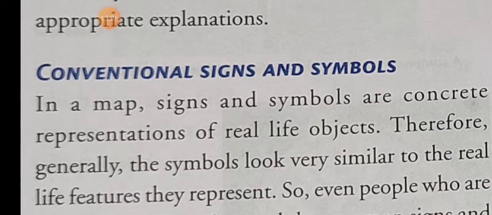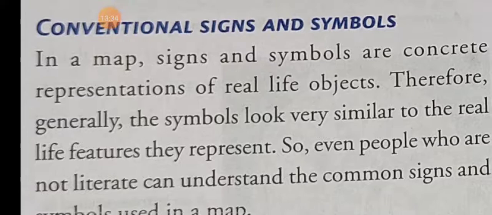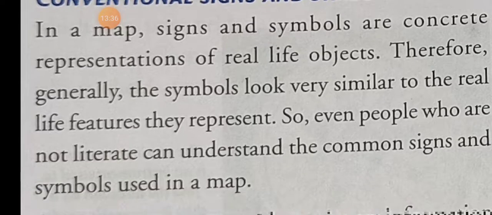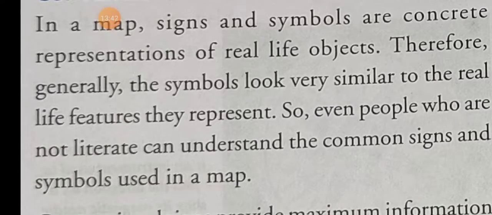Conventional signs and symbols. Signs and symbols are concrete representations of real life objects. The symbols look very similar to the real life features they represent. Like if we want to show a forest, then we can make the symbol of a tree.